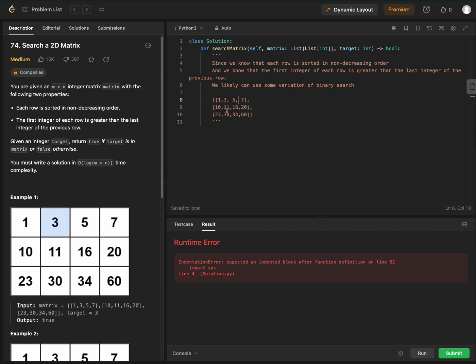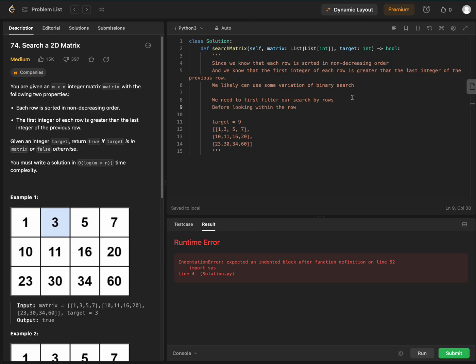So if the target is 9, we can tell that target 9 would be in between these two numbers. So we need to think about first filtering our search by rows before looking within the row.